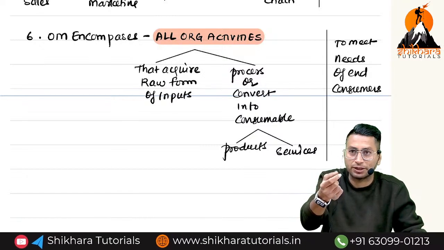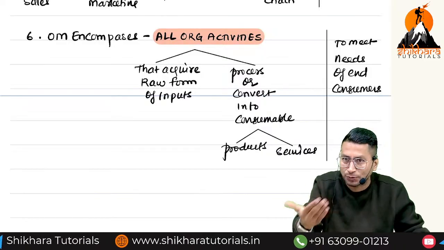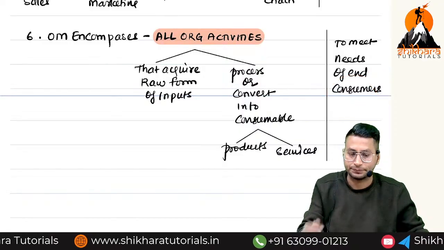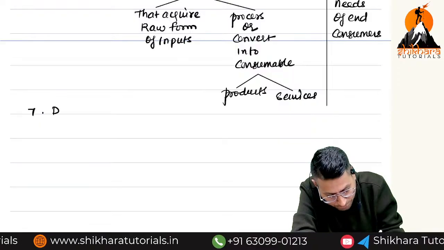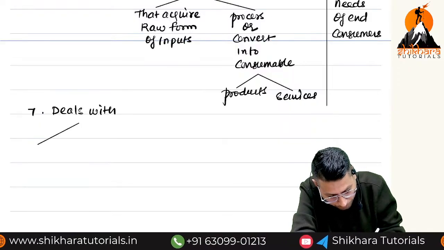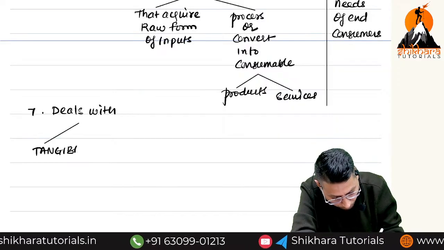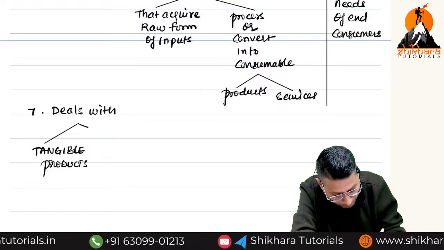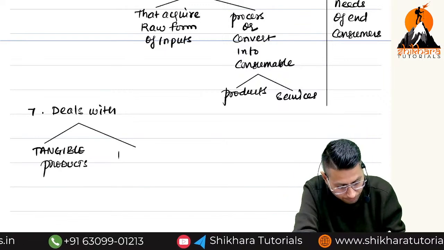Finance should always be taught from whose point of view? Customer point of view. Clear? But satisfaction should always be taught from whose point of view? Consumer point of view. Clear? So, OM deals with tangible products also.